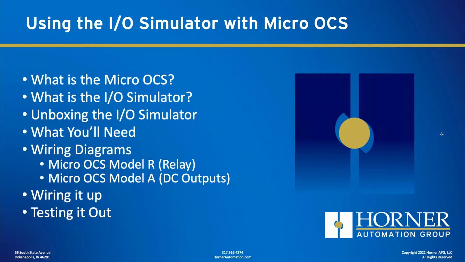And of course, it works fantastic with the Horner OCS. So there's a lot of ways you could hook it up. We're going to talk specifically about wiring diagrams for connecting it to the Micro OCS Model R relay output version, as well as the Model A DC output version. Then we'll talk and show you how to wire it up and test it out.